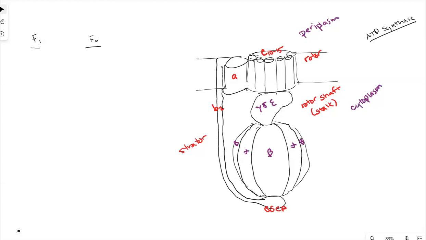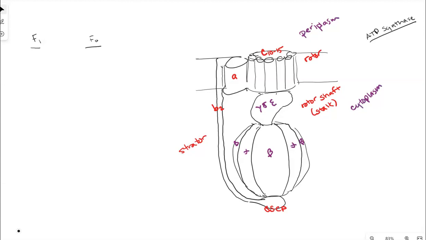The spheres observed in those electron micrographs, which I referred to, make up the F1 units, which physically catalyze ATP synthesis. So these F1 spheres are attached to an integral membrane protein aggregate called the F0 unit. F1 consists of 5 polypeptide chains: alpha, beta, gamma, delta, epsilon.